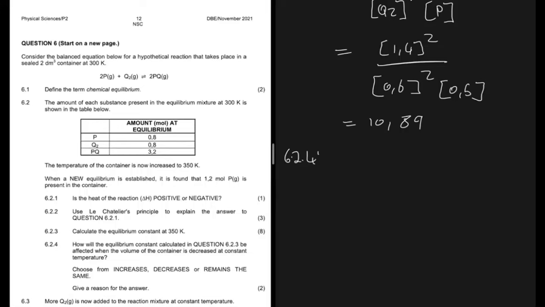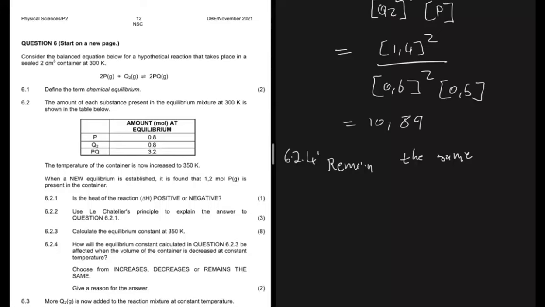Choose either increase or decrease or remain the same. Give a reason for your answer. It will remain the same. Let me just write that down. So it's going to remain the same. It will remain the same because only temperature can change Kc. That's always true.